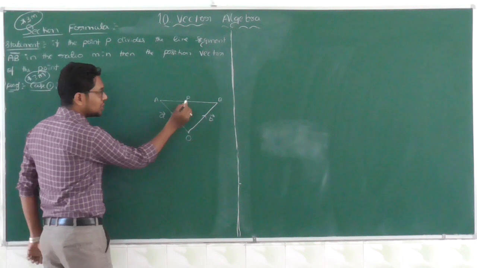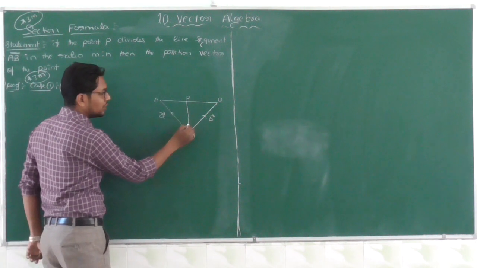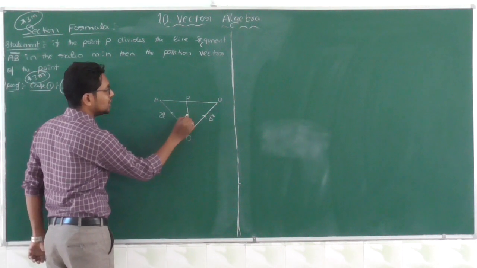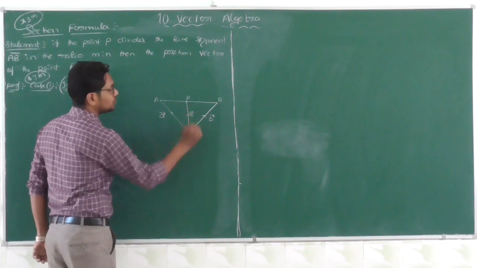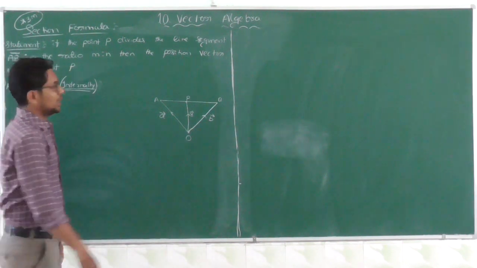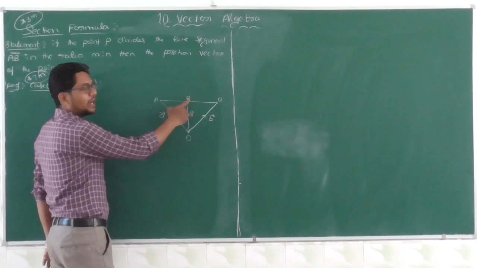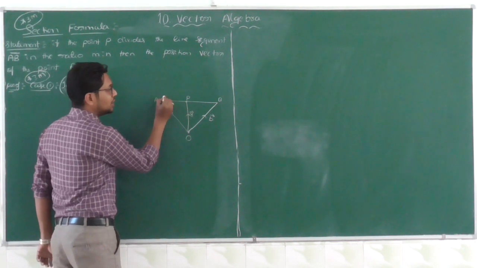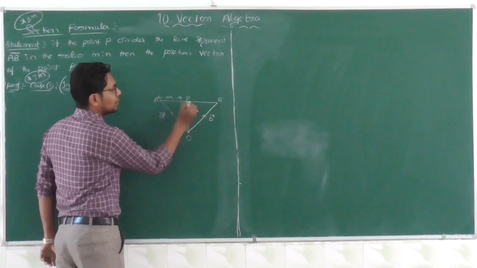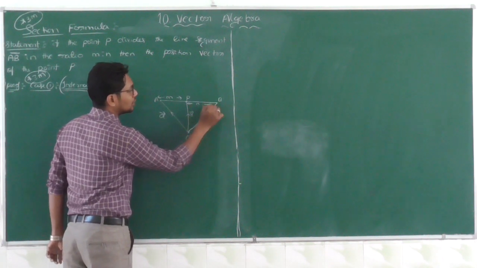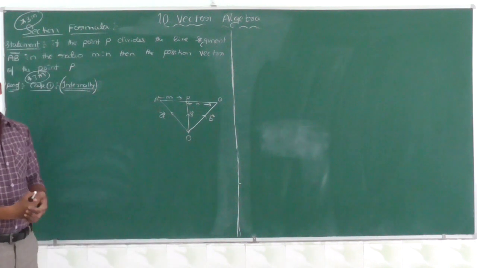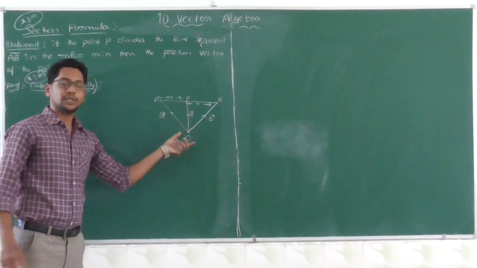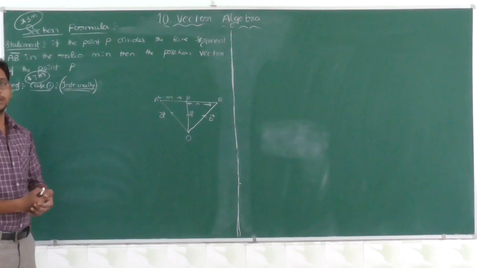Next, the position vector of the point P with respect to its origin is R vector. The point P divides the line segment AB in the ratio m:n. It is the diagram of the internal case.